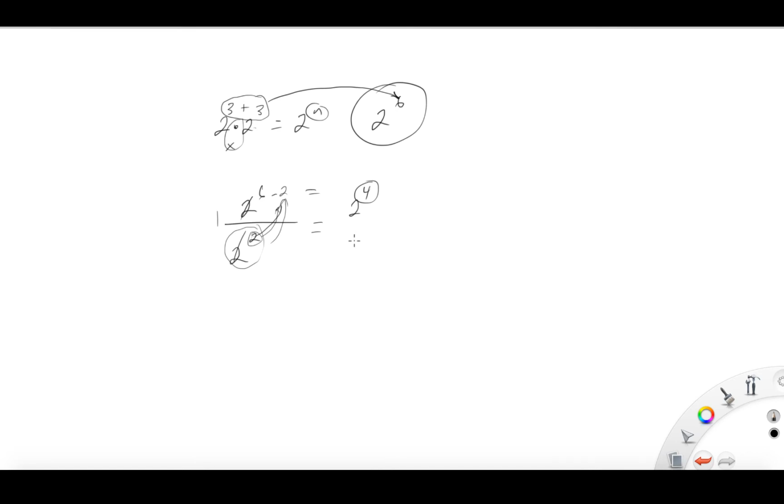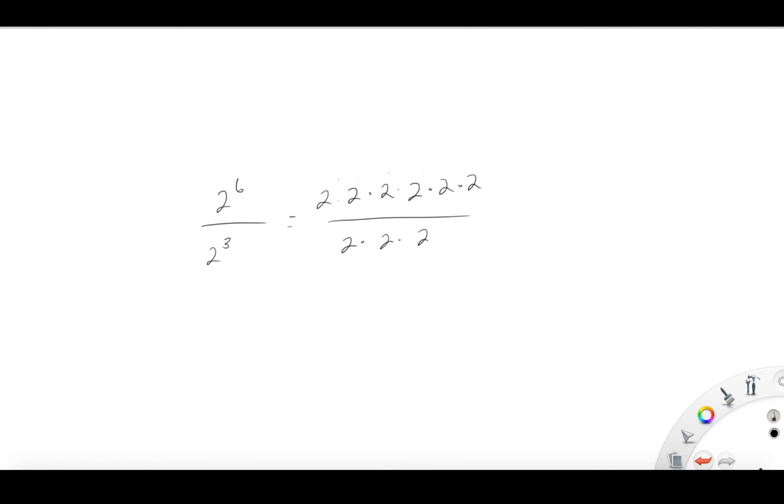Here's another way to think about that problem. In your textbook it gives 2 to the 6th power over 2 to the 3rd power. You can do this: 2 times 2 times 2 times 2 times 2 times 2. 1, 2, 3, 4, 5, 6. And then 2 times 2 times 2, to the third power.